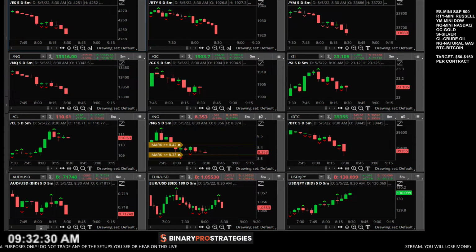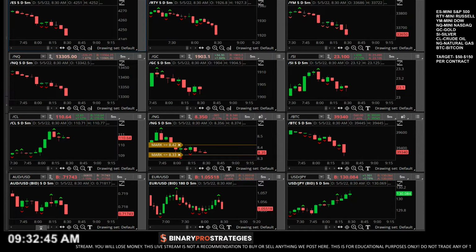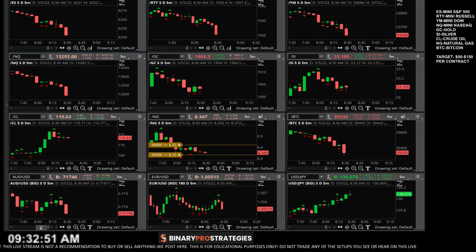All right, let's just put those symbols up there once again. We're waiting for our next setup. Top right hand corner. We're watching the ES, the E-mini S&P. We're going to be watching the mini Russell, mini Dow, and mini NASDAQ. So NQ for mini NASDAQ, YM mini Dow, RTY mini Russell, of course ES for the S&P 500, mini S&P 500.